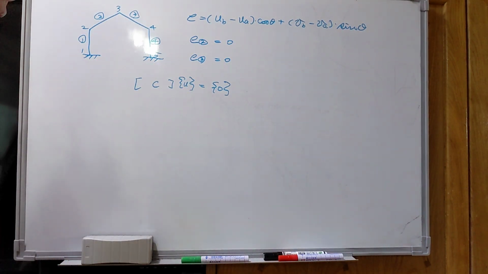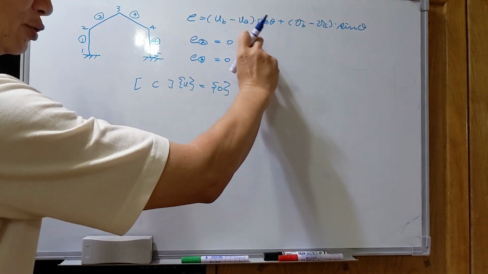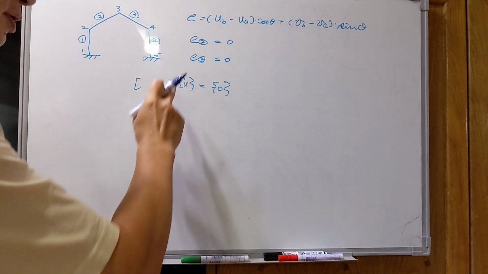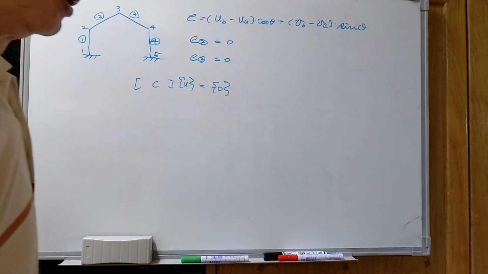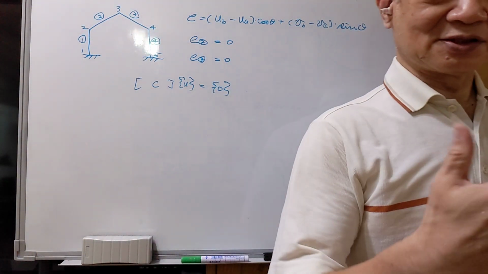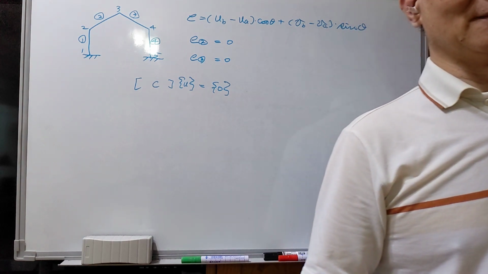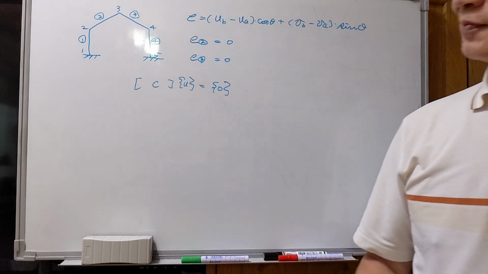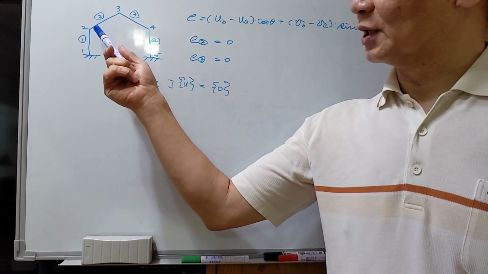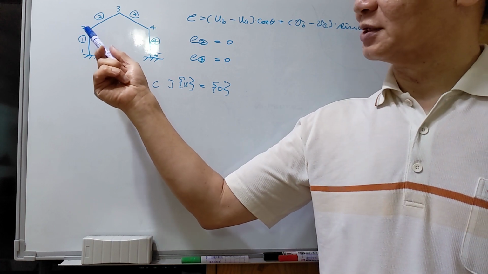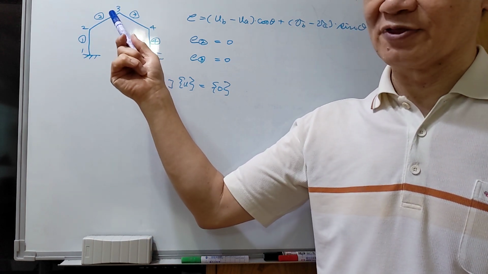And the C, they are the coefficient matrix for these two kinematic conditions. And the U, they are the nodal displacement vector. At least you need to put in the related nodal displacements. If we like to formulate E2 equal to 0, we need the nodal displacements of node 2 and node 3.